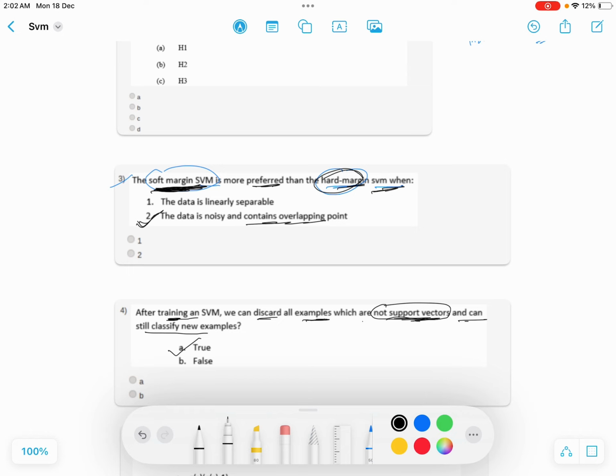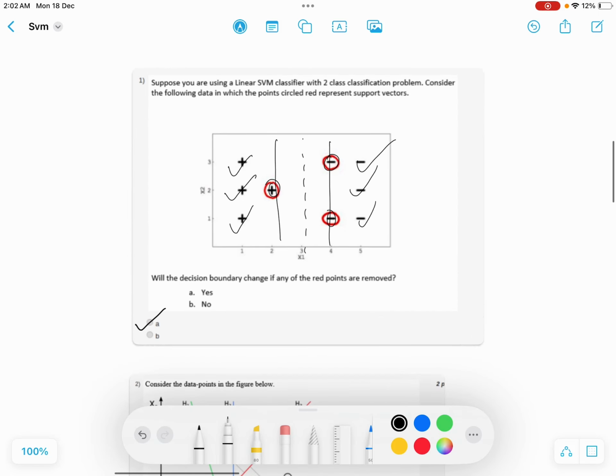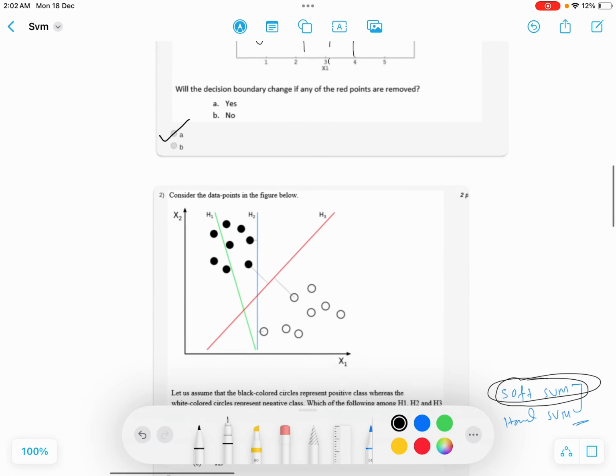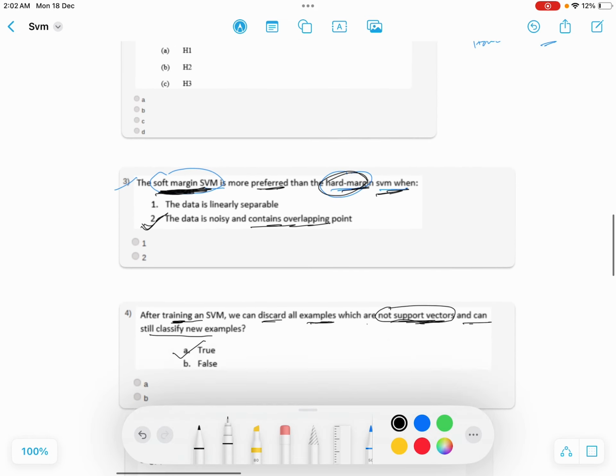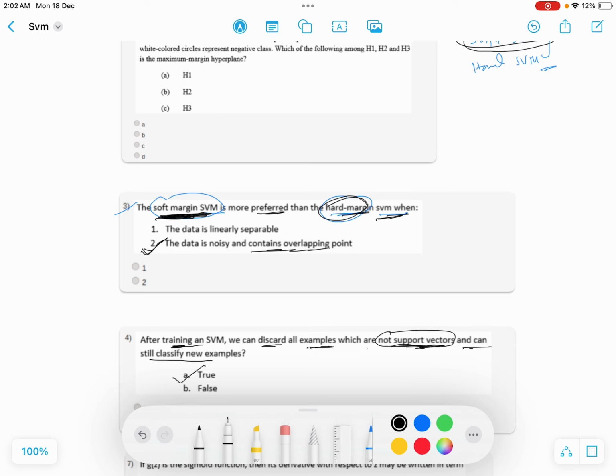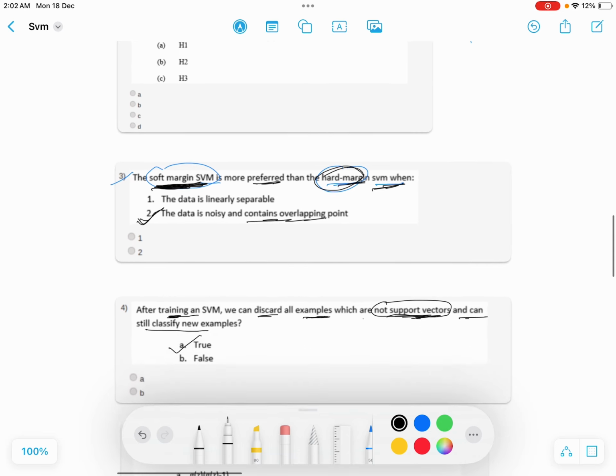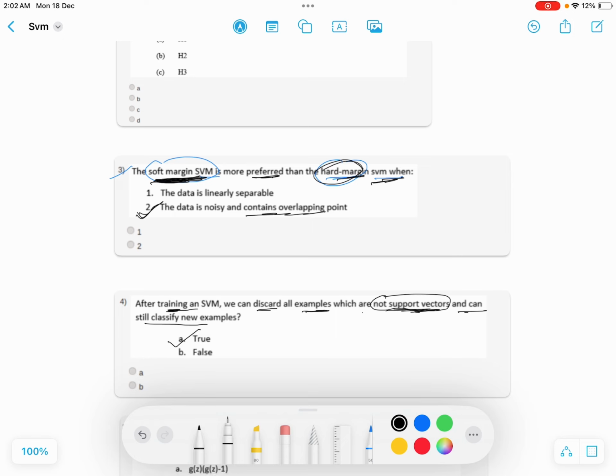Because to make the prediction, we need only the support vectors, right? At the time of prediction, if we know what the support vectors are, then we can easily classify. We do not have to have the non-support vectors, right? And how am I saying that, that might be the question. For that you will have to look at the derivation part, right?